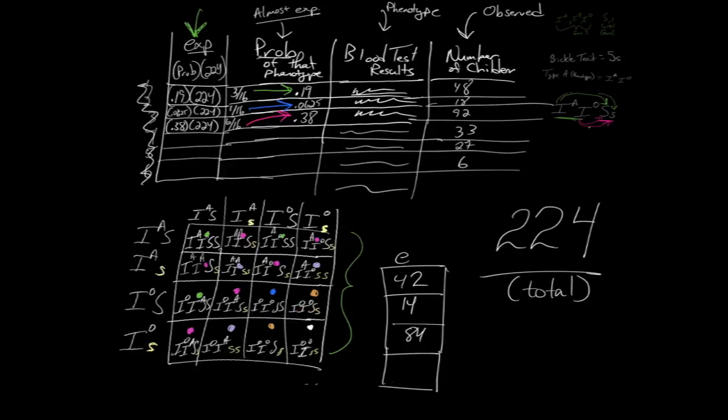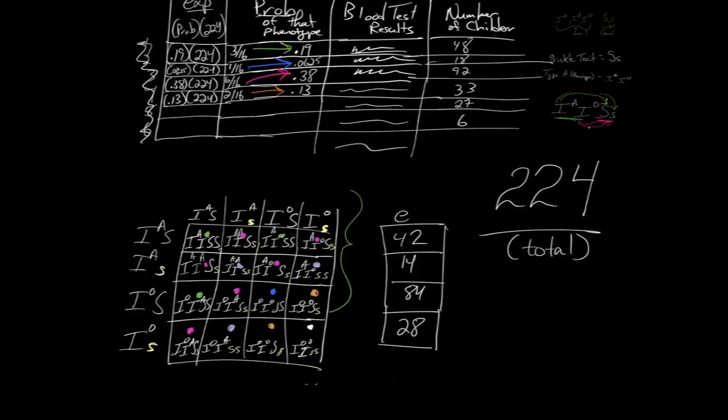So 2 out of 16 is what? 0.13. So then we're dealing with 13%. What's 13% of what? 224, the total. When you multiply, what do you get? 28. Okay. So are we getting this? Yeah.